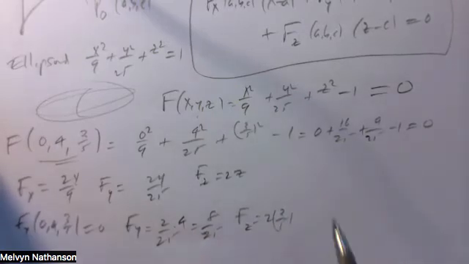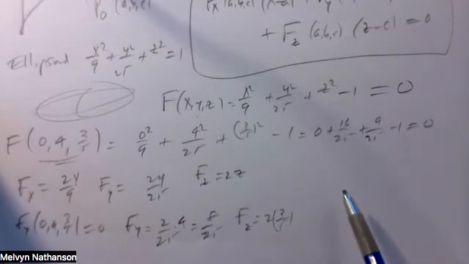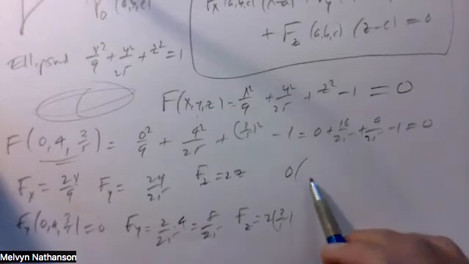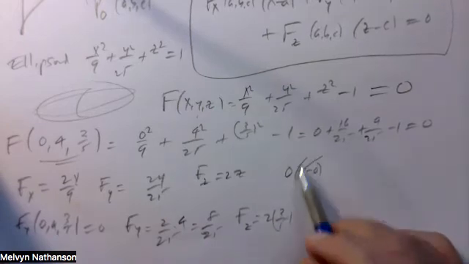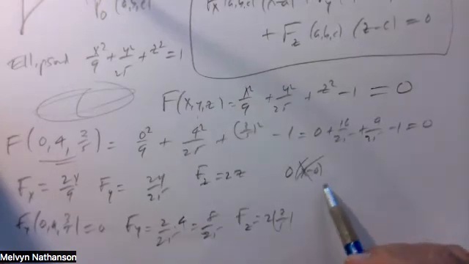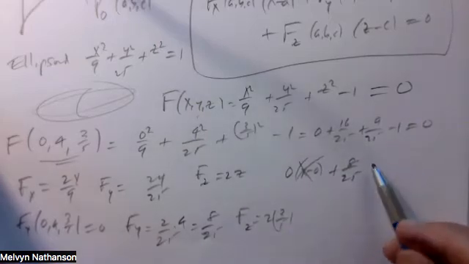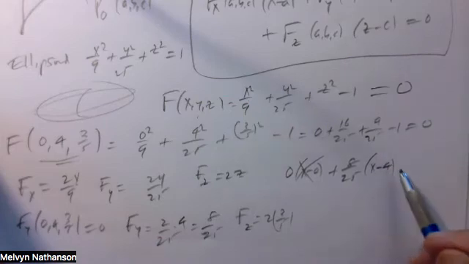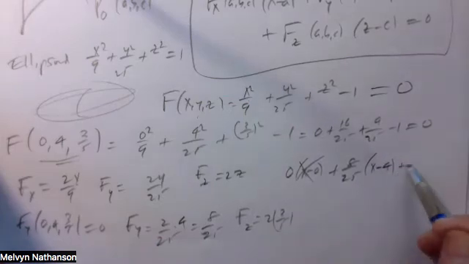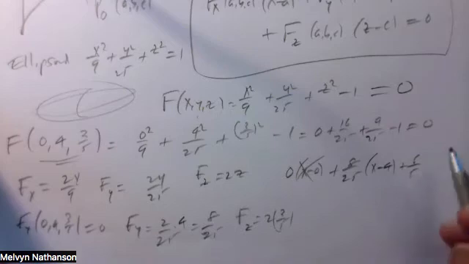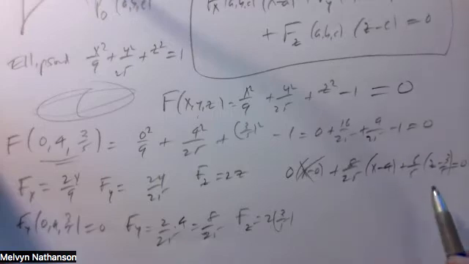So my tangent plane will have coordinates 0 times x minus 0, which is just 0, plus 8 over 25, x minus 4, plus 6 over 5, z minus 3/5 equals 0.